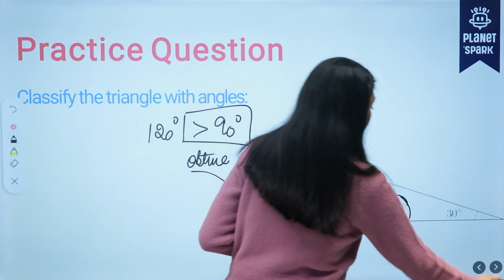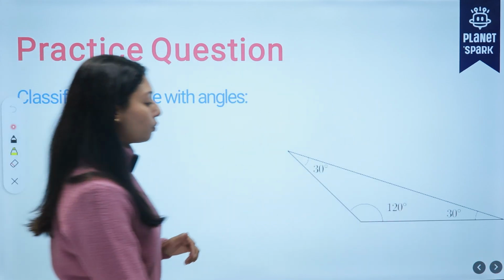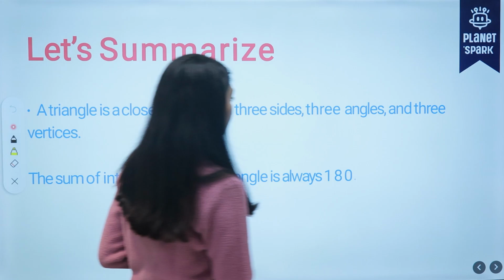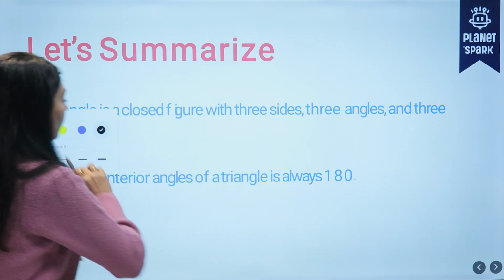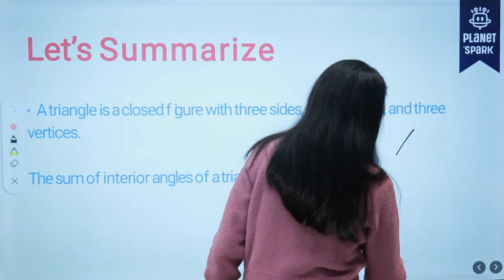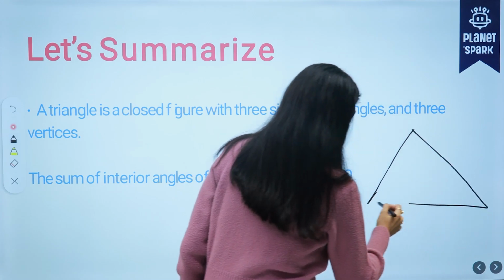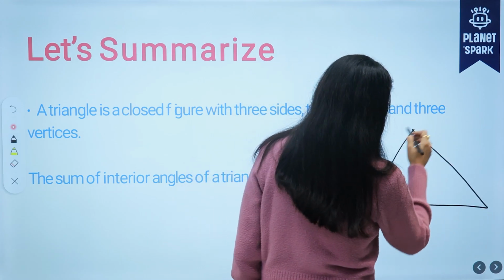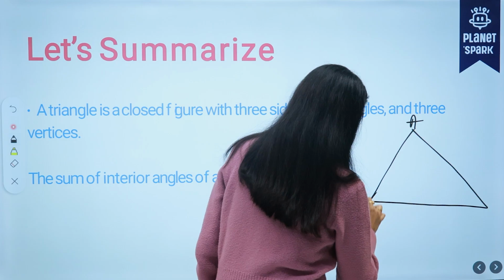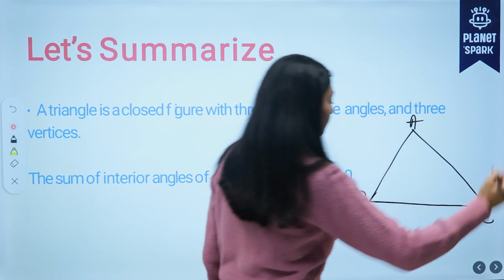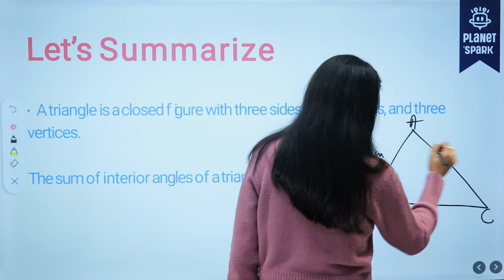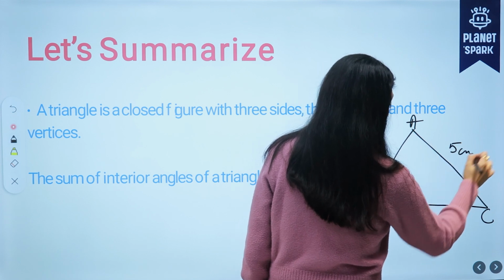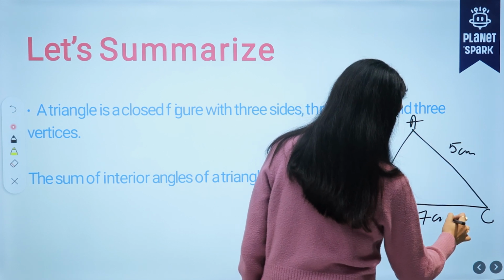Okay then everyone, now that you are familiar with all the types of triangles here, let me give you one question before we summarize this. Let's say we have this triangle here, and in this we are given the name ABC, right? Here we have the side measures as 5 centimeter, 5 centimeter, 7 centimeter, right?